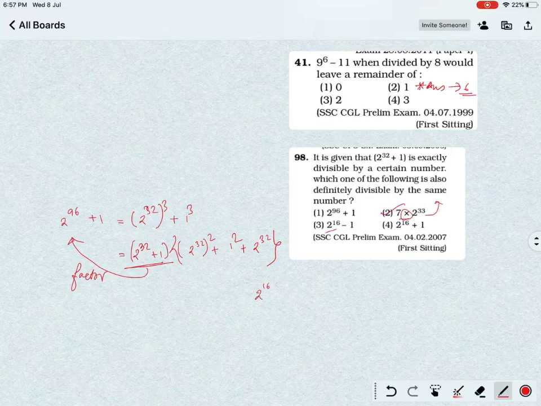Let us check. 2 to the power 16 minus 1, whole square, gives 2 to the power 32 plus 1 minus 2 into 2 to the power 16. So even this is not a factor. Also 2 to the power 16 plus 1 is cancelled, so the first is the correct answer.